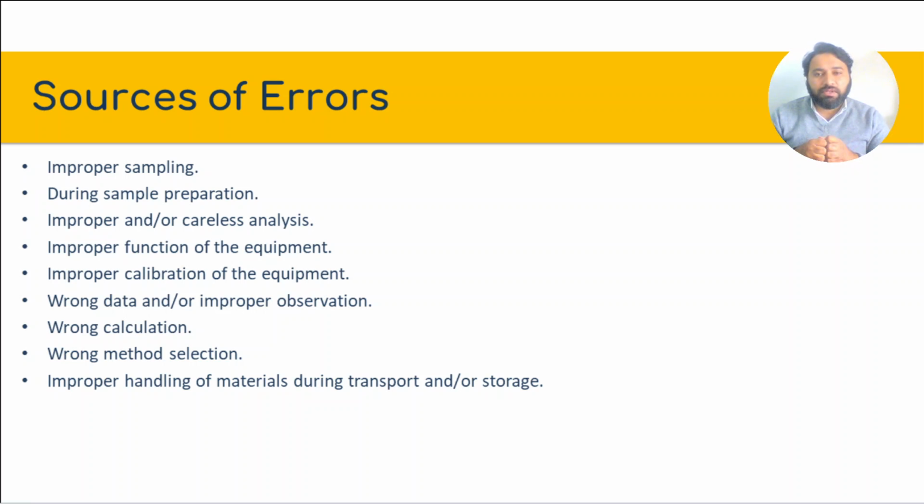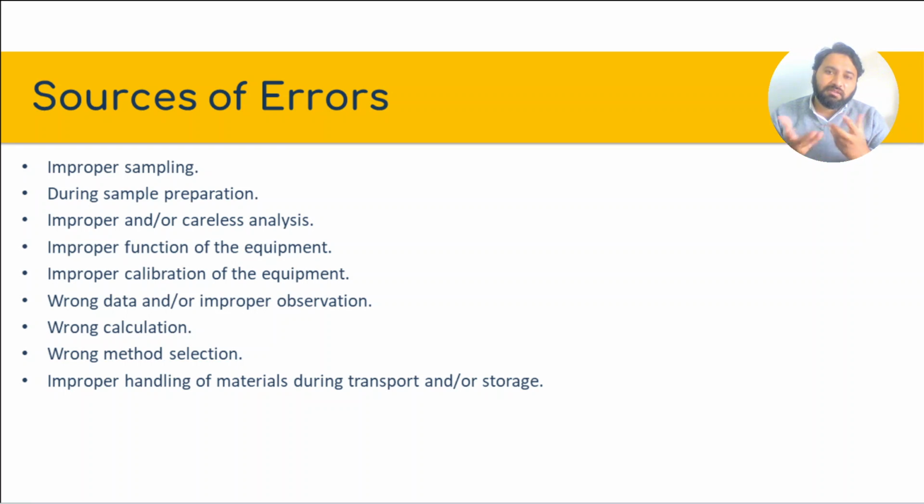During sample preparation, what volume we are taking and in which glassware we are making it matters; the glassware must be calibrated. So errors occur during sample preparation, and also from improper or careless analysis. That means not taking precautions, not emphasizing calculation, which is a kind of careless analysis.